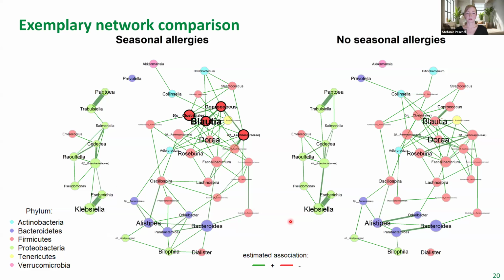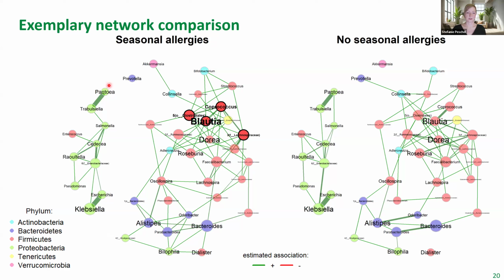And here's an exemplary network plot where we compare the networks between these two groups, seasonal allergies versus no seasonal allergies. As you might see, the same layout is used in both groups, which is usually done with NetCoMi so that you are able to compare certain associations at first glance.